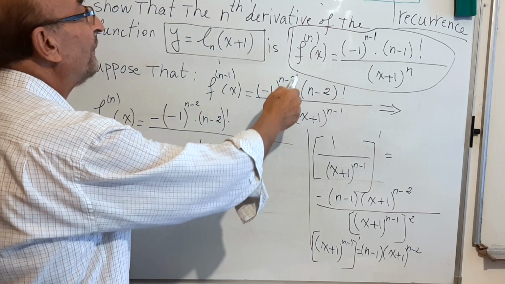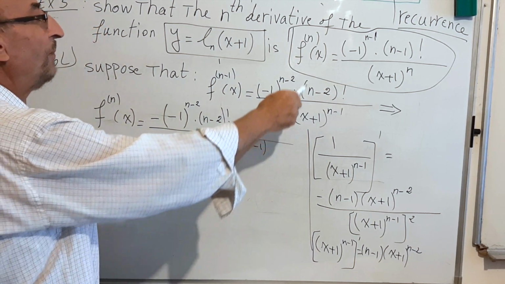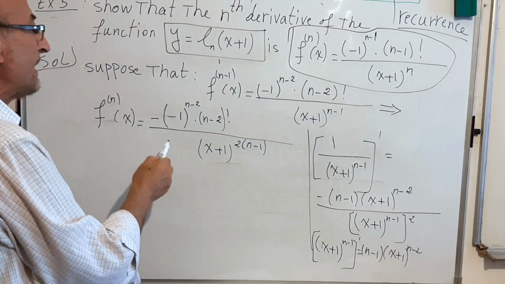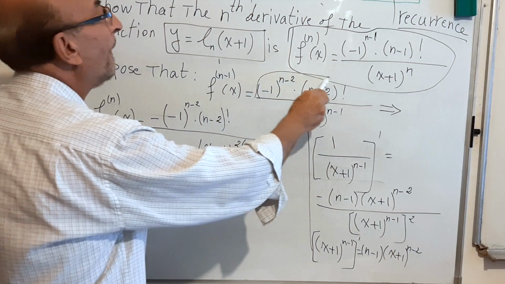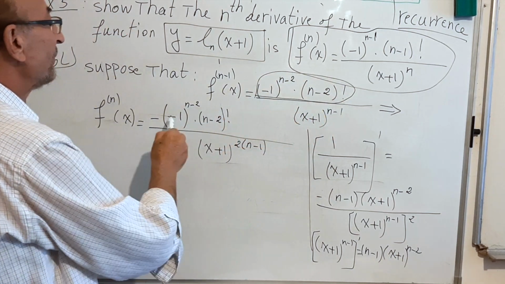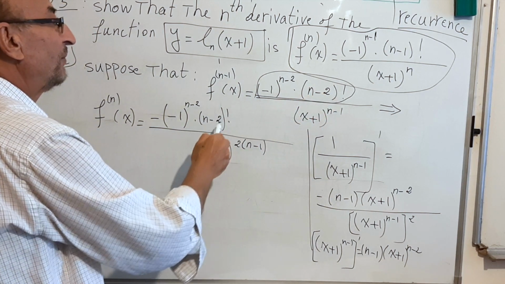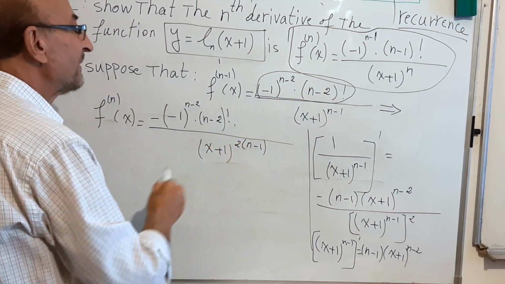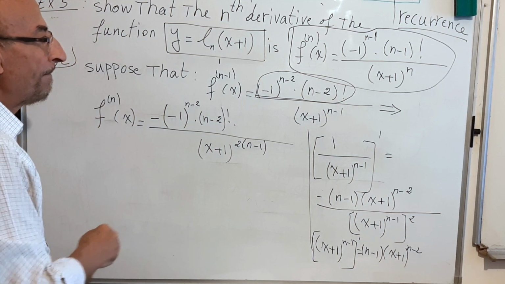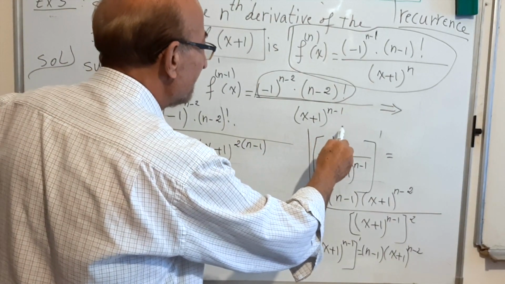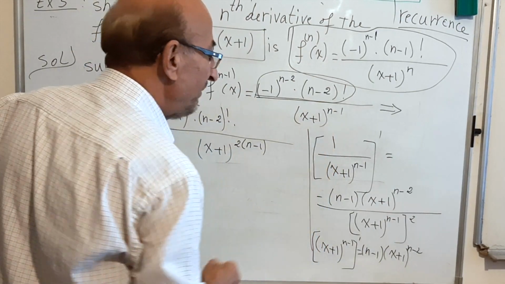The derivative of k over u is minus k u prime over u squared. Minus k, k is minus 1 power n minus 2 times n minus 2 factorial, times u prime. U is x plus 1 power n minus 1.